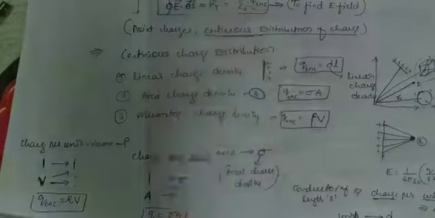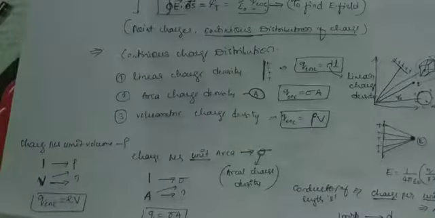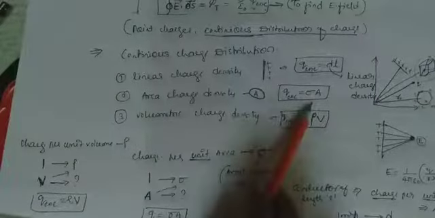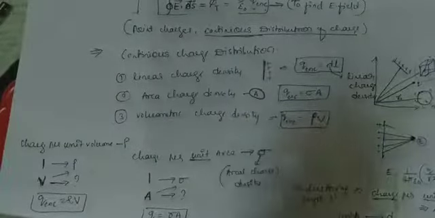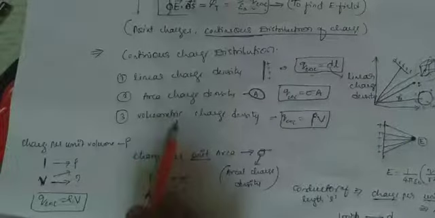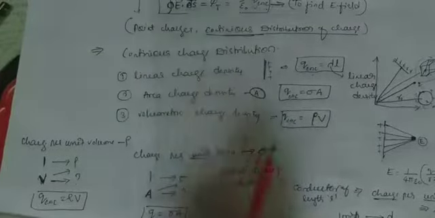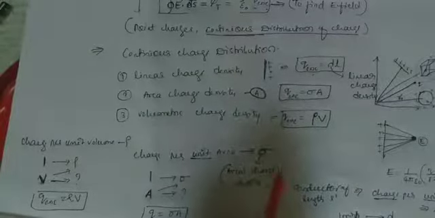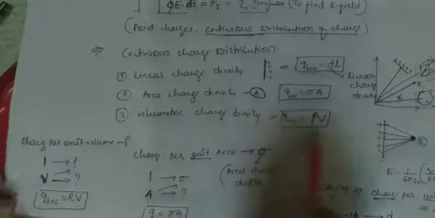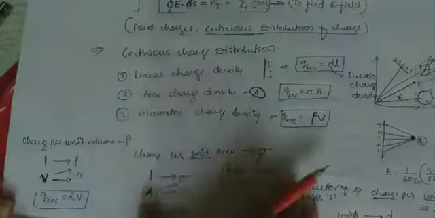For surfaces we use the aerial charge density. For bodies like a sphere or cuboid having volume, we use the volumetric charge density, rho. This is about the charge distributions.